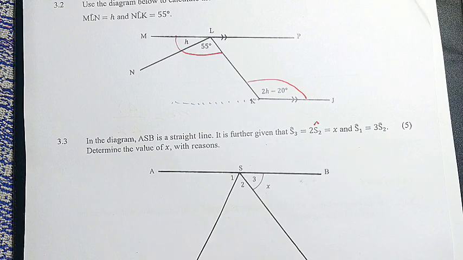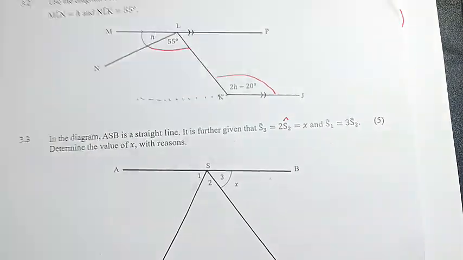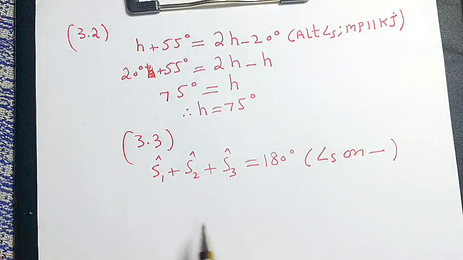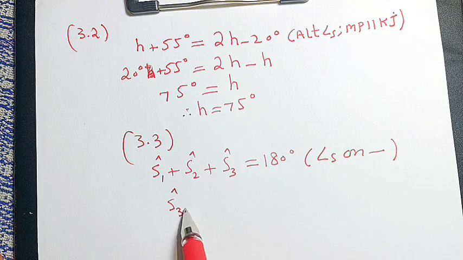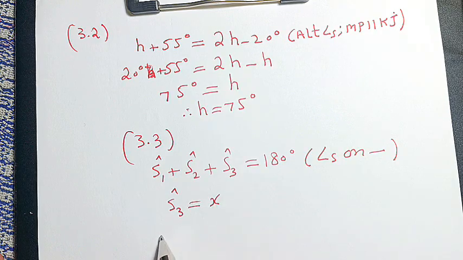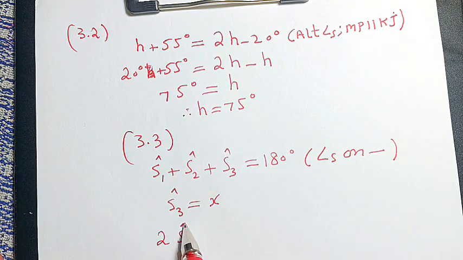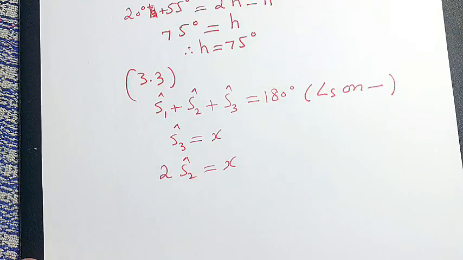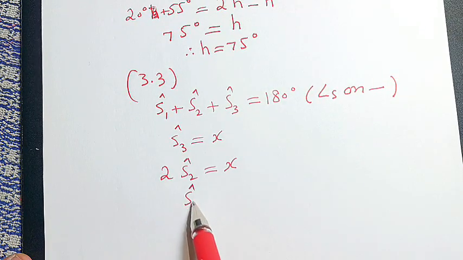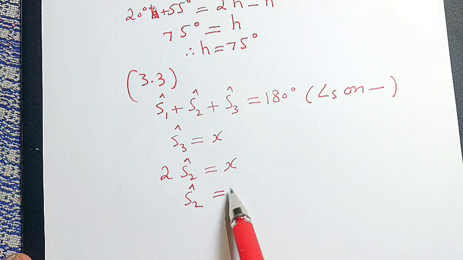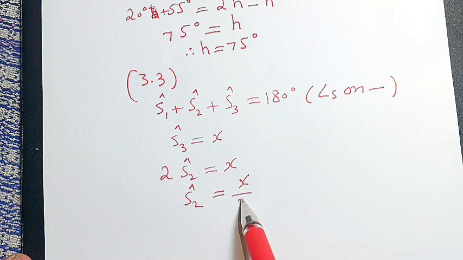Let's do this one first. Angle S3 is equal to x, no problem. So 2 multiplied by angle S2 is equal to x. We need to solve here for angle S2. So for angle S2, divide both sides by 2, it is going to be x over 2.